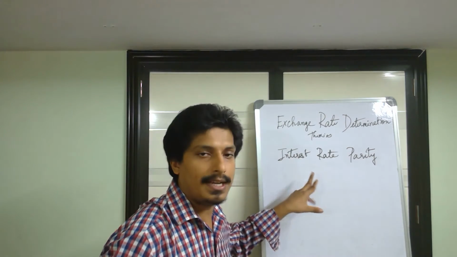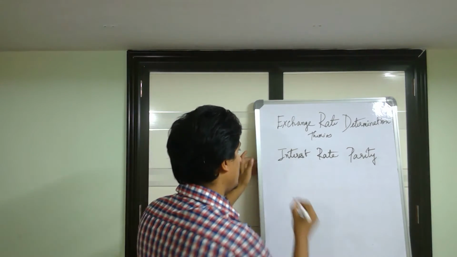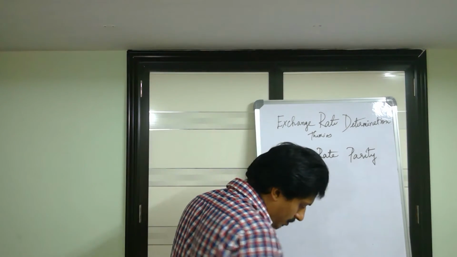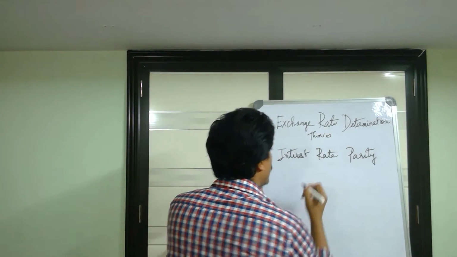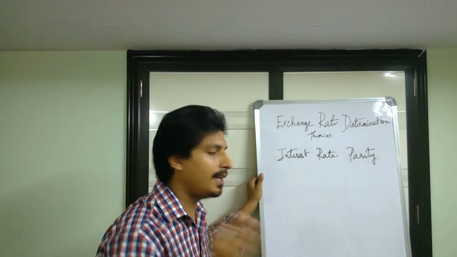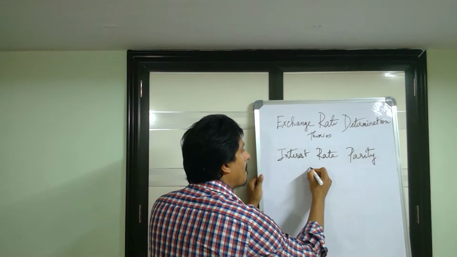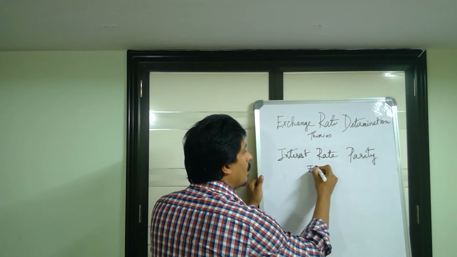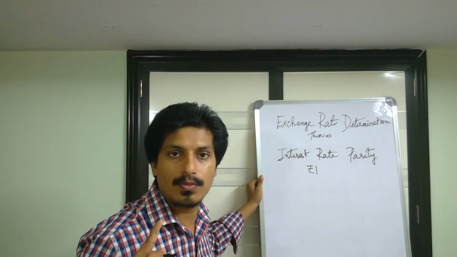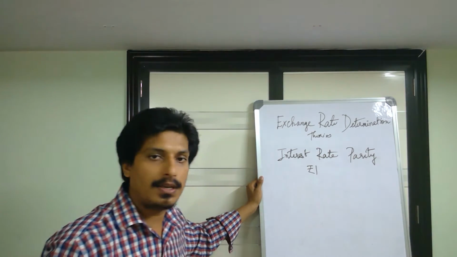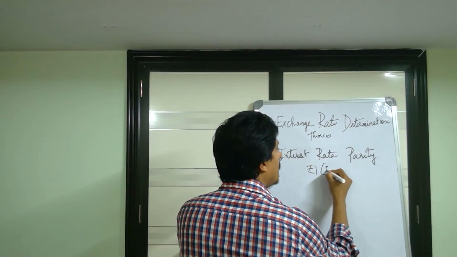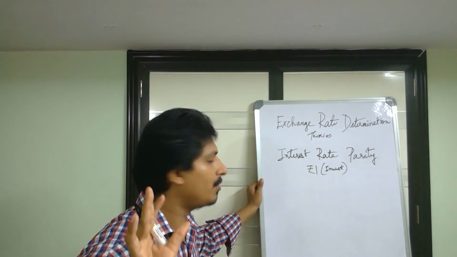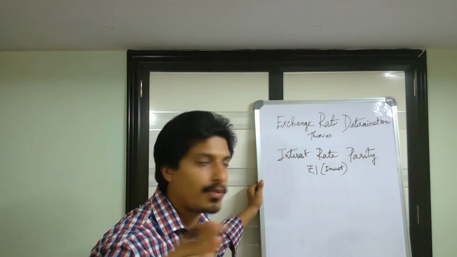Okay, when you say interest rate parity, we are basically speaking about, let's say you have ₹1 with you, and you want to invest that ₹1. Where can you invest?